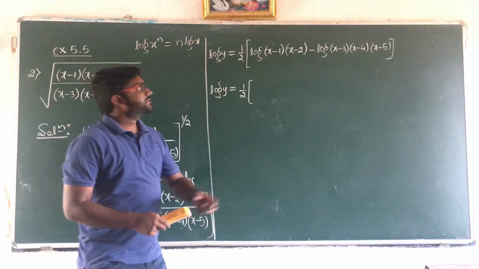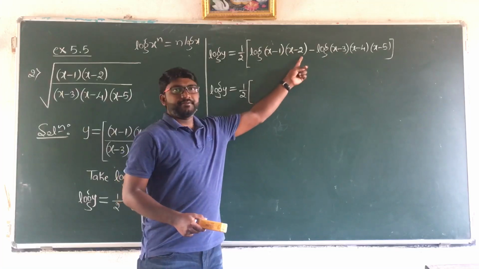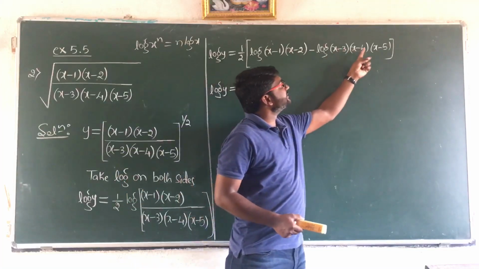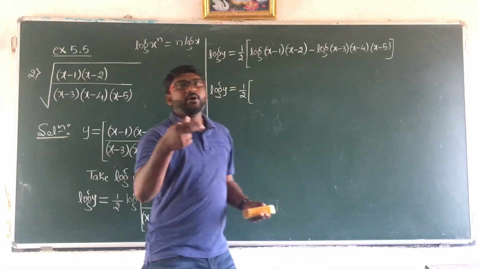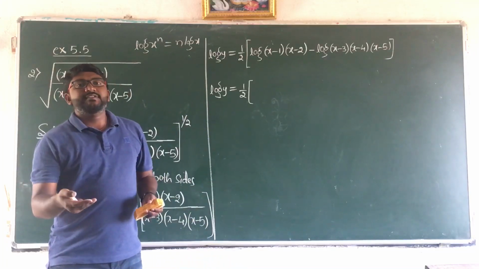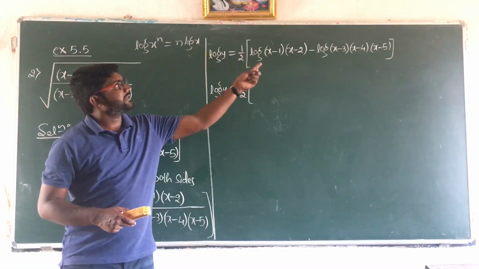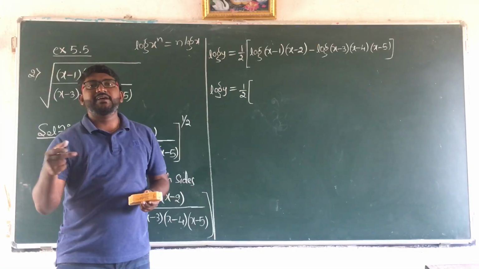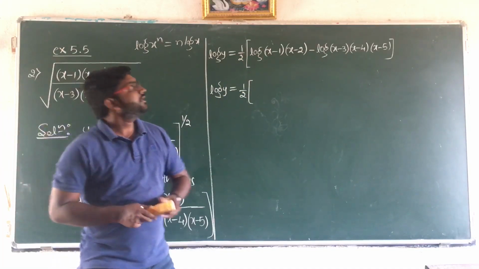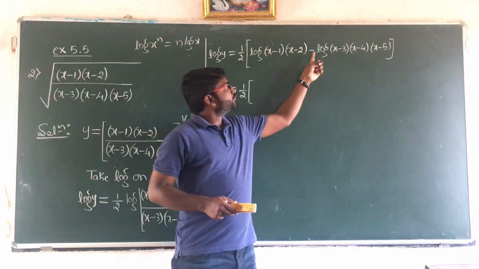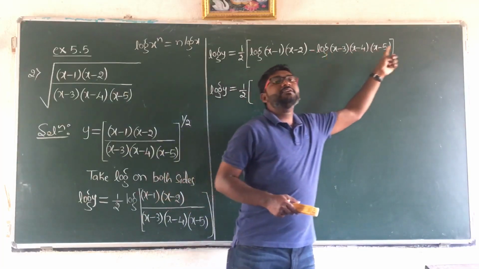Now it is in the form of log xy, and again here it is log xyz. What is log xy? Log xy is equal to log x plus log y. And log xyz is equal to log x plus log y plus log z. Here there is a minus sign, so minus will be applicable for all three terms.